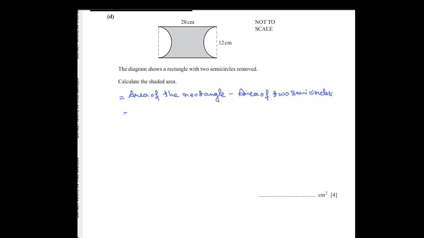Area of the rectangle is length into width, 28 into 12, minus area of 2 semicircles will be pi r square. Pi into what is r? r is 12 by 2 whole square. Find out.